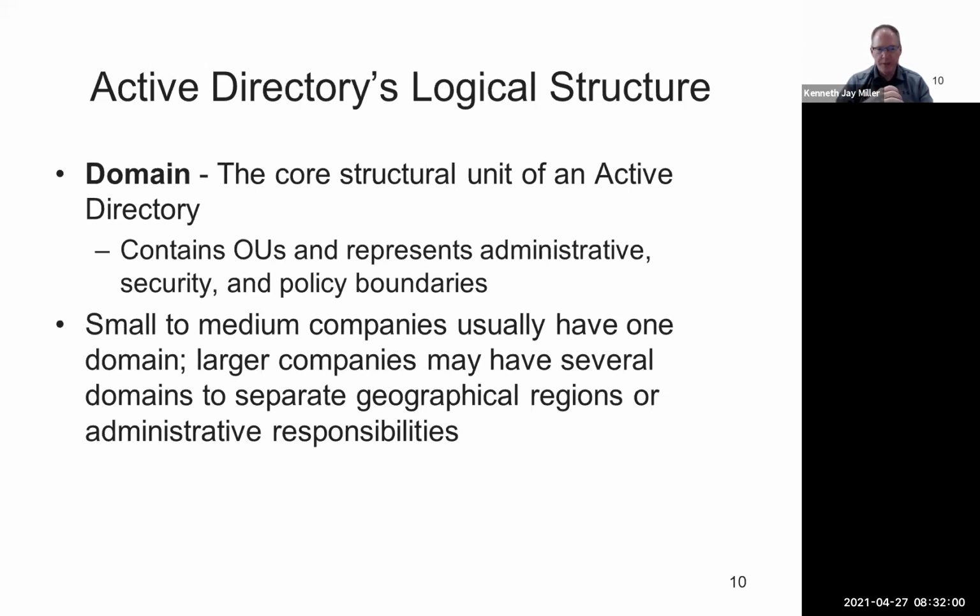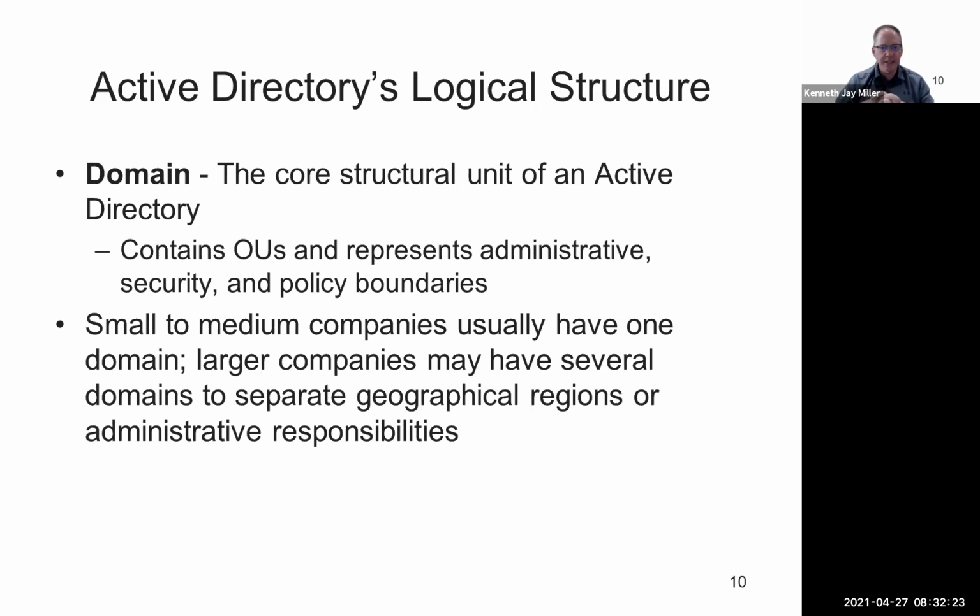Okay, because we would not want a user to be able to browse file shares on our German file shares or on our Chinese file shares in China. That would be a huge security risk, right?